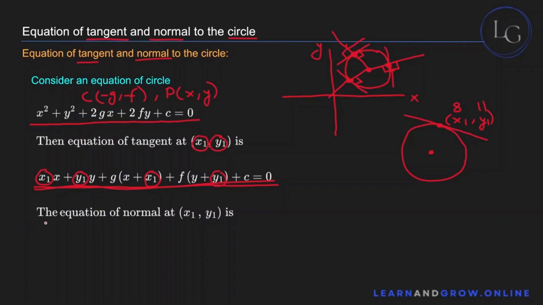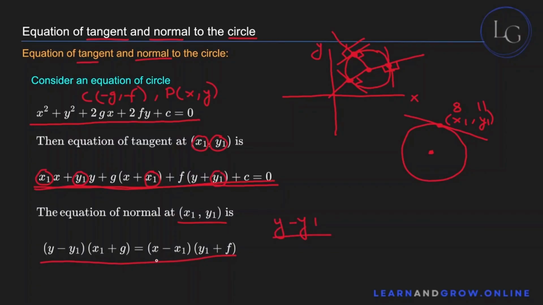And also, let's see how you can find the equation of the normal at this same point, x1, y1. Well, you use this formula, and if you cross multiply, you eventually end up with this: (y - y1)/(x - x1) = (y1 + f)/(x1 + g), if you take this to the denominator on the left hand side.